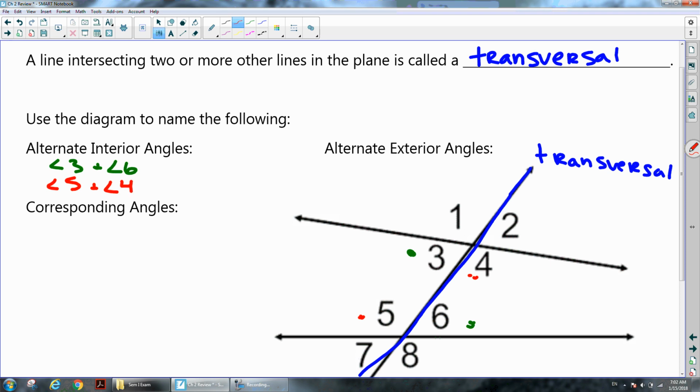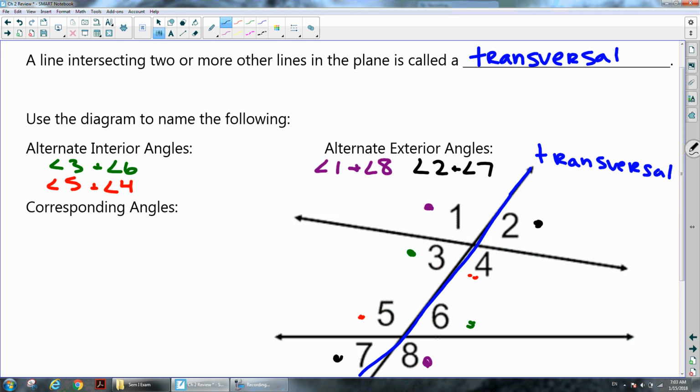Alternate exterior angles. Now they're on the outside, alternating between the left and the right of the transversal, so that'd be angle 1 and angle 8. Same with angle 2 on the right, angle 7 on the left.